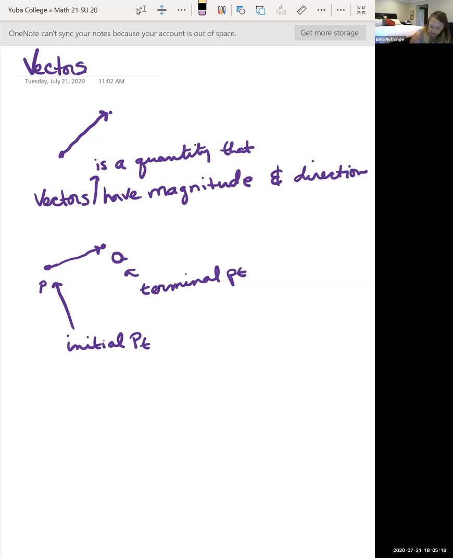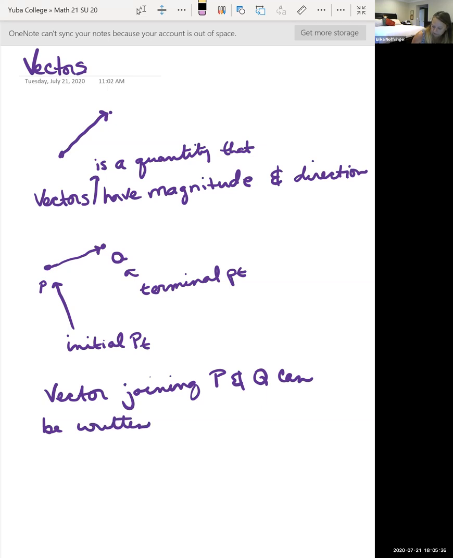So the vector joining P and Q can be written in the following ways.